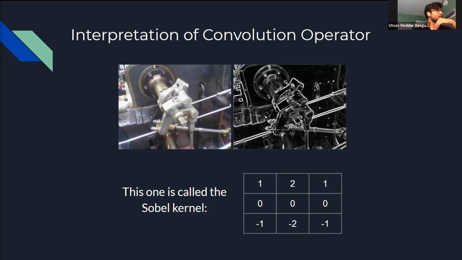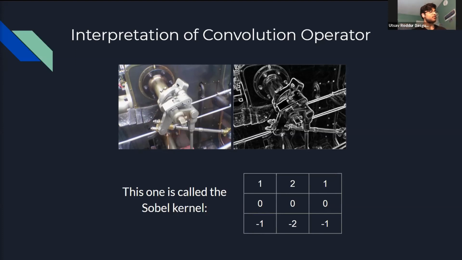Then the output of this kernel would be very positive, because white would have a very positive value and black would have a close to 0 value. Depending on how you normalize it, it might have a negative value, but usually 0 to 1. So you would get a sum of a bunch of positive numbers, a very positive value, which would be white in the final image.